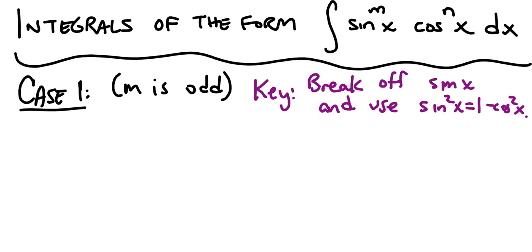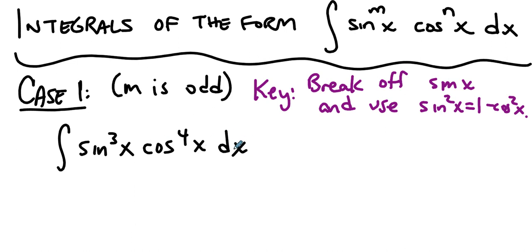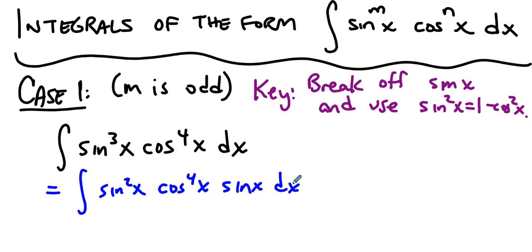So, for example, the integral of sine cubed x times cosine to the 4th x dx. If this is your integral, then we break off a sine x, and we use this fact. How? Well, this is sine squared x cosine to the 4th x sine x dx.